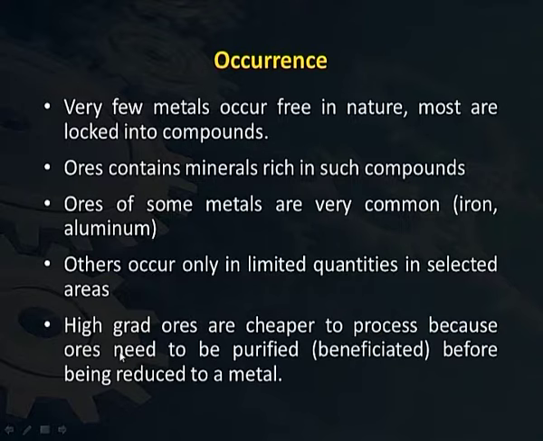If we begin with high grade ores, then the process to liberate the metal is cheaper. On the other hand, if the ores are low grade, then beneficiation also becomes an expensive process, and further purification will become expensive too.